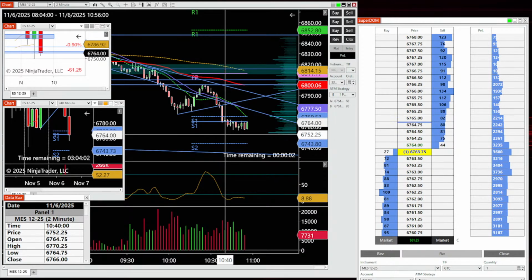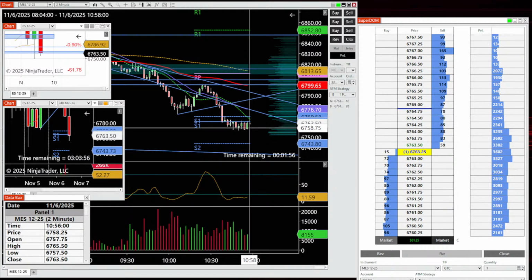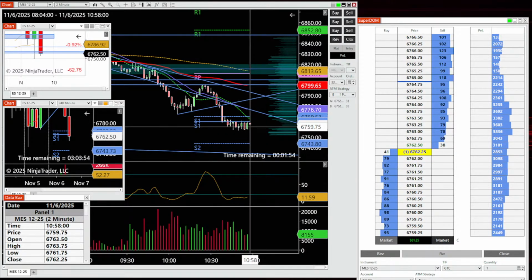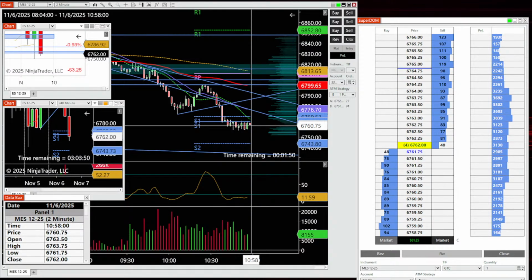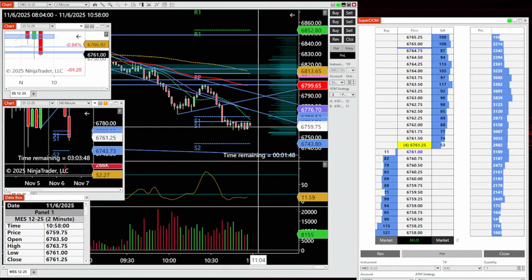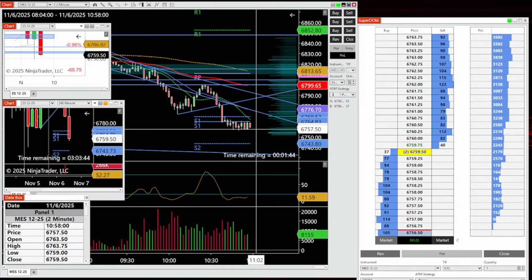Okay, all the sellers exhausted. Let's see what this bar does. If this bar doesn't stay over 60 and move up, then we just got some more room for the downside.